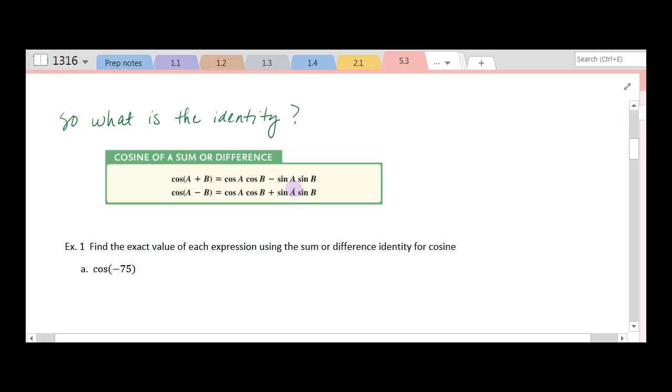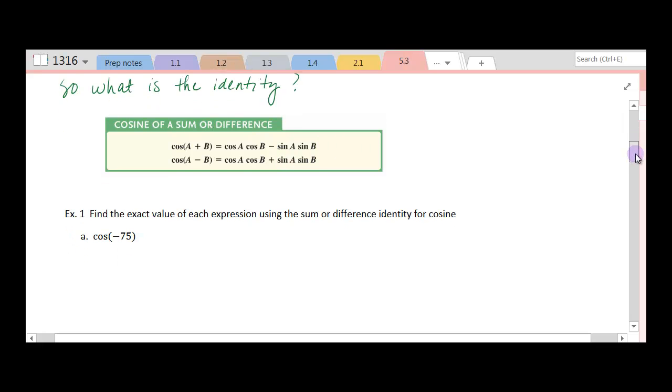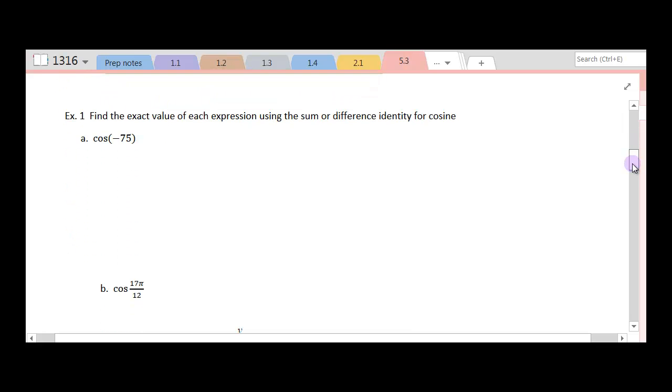Okay, so we're going to see how we apply this to a couple of separate examples. In each of these examples, I want to find the exact value of the expression using either the sum or difference identity for cosine. So I have here the cosine of negative 75.